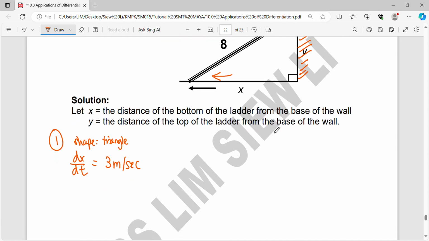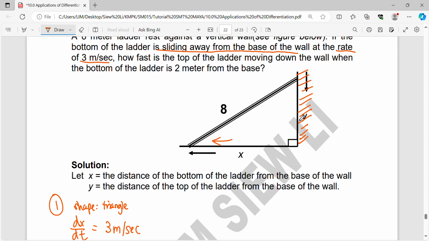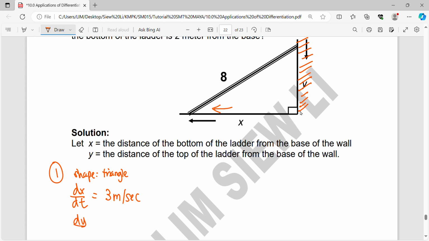And the question asks, what is the rate of the ladder moving down? Means we are finding the rate of dy/dt. And your constant here, you can see 8 will be your constant. So for this triangle, your hypotenuse will be constant, so only x and y are changing.